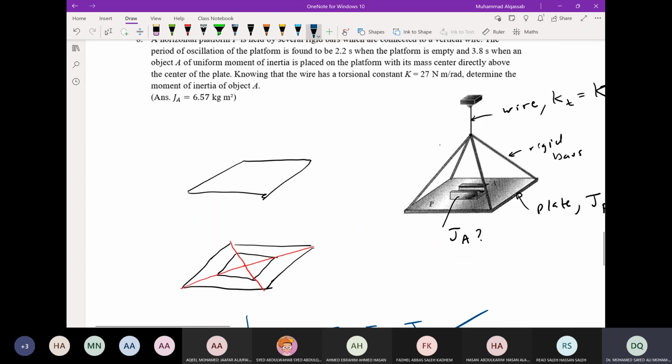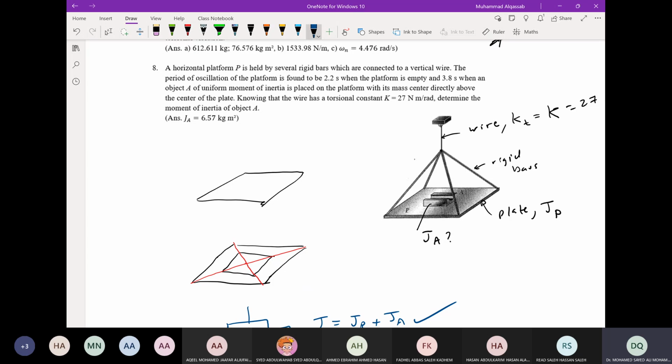First of all, we need to find JP because the period of oscillation we have is when the plate is empty, then tau equals 2 pi square root of J over KT. And J is of the plate. The only unknown here is JP, so you can find JP.